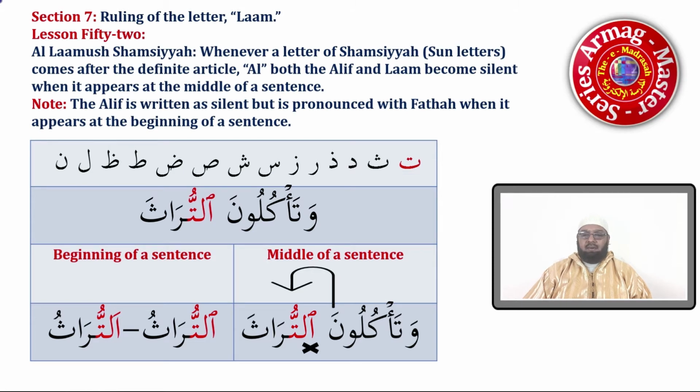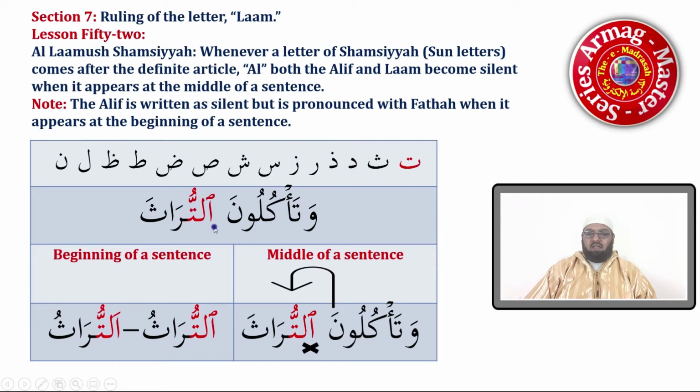In our example here, it shows that ta, which is the first one, comes after alif and lam while being in the middle of the sentence. And we said that both the alif and the lam will become silent. Okay? And the ta will take a shadda.